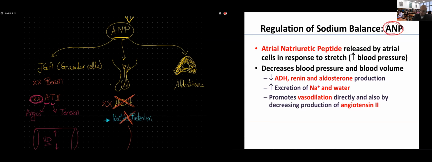If you remember, we mentioned it a few minutes ago, sodium reabsorption. So ANP will do what here? It's going to be inhibiting the release of aldosterone from my adrenal cortex.